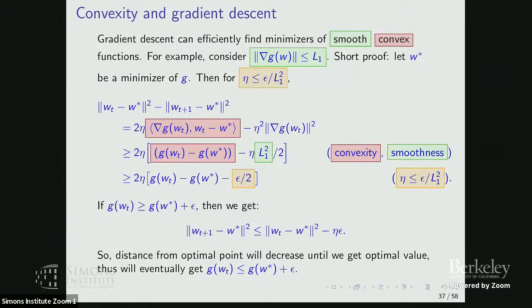So we can only have an upper bound that decreases for a finite number of iterations, because we can just continue to iterate this argument to say it's going to be smaller and smaller. And so eventually we must reach some point where g, the function value found by gradient descent, is within epsilon of the global optimum value. Very simple, very clean proof, if we have convexity and if we have smoothness.